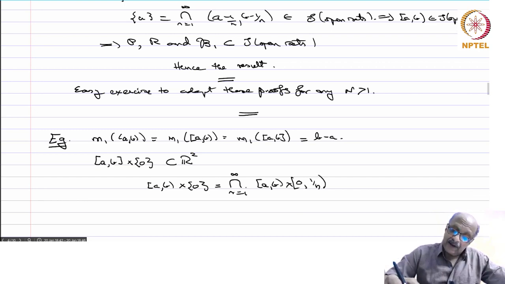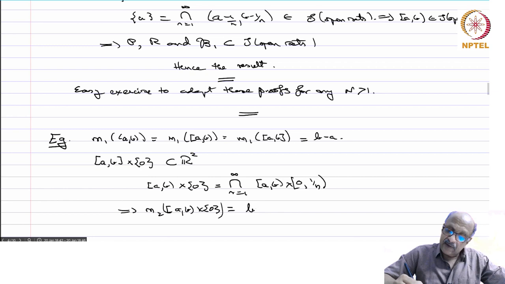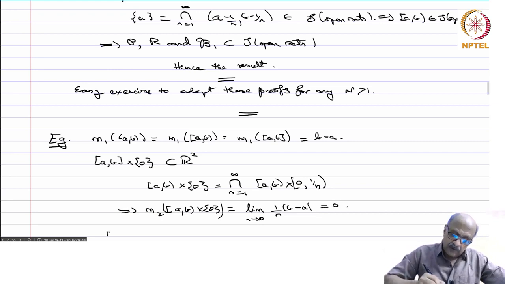And again, this is a decreasing sequence, therefore the intersection, all of them have finite measure. We know the measure of this set, which is (b - a) times 1/n, and therefore this implies M2 of (a,b) cross {0}, the Lebesgue measure in R^2, is limit of (1/n)(b - a), n tending to infinity, and that's equal to 0.